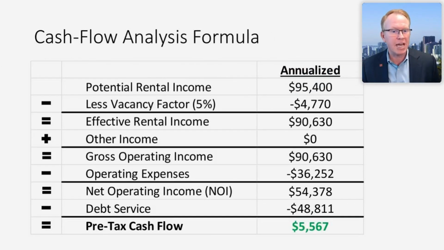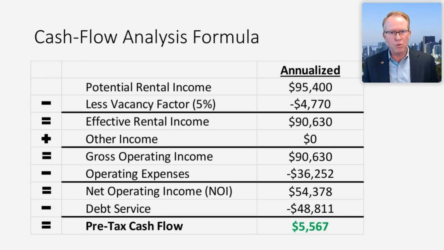And that finally brings us to our bottom line number, your cash flow. Again, pre-tax, but this is your cash flow. So at the end of the day, this property that you own will generate pre-tax income after all those expenses are paid, after you analyze everything, of $5,567 a year. Now, I want to let that sink in, because a lot of times I sit down with owners and they think they're getting a lot more income than they are.